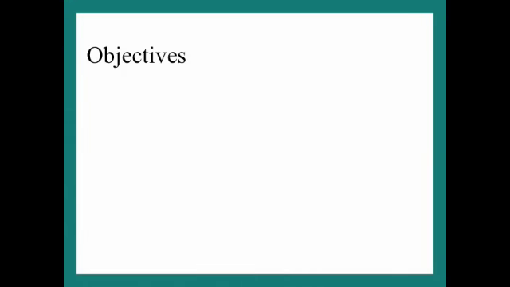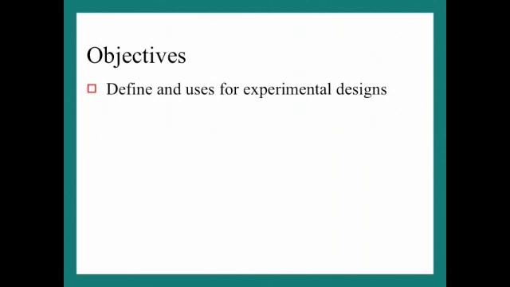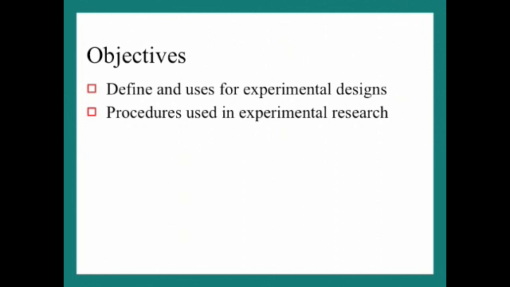So with that in mind, our objectives for this lecture are to define the uses for experimental designs in our research. We want to discuss the procedures used in experimental research.